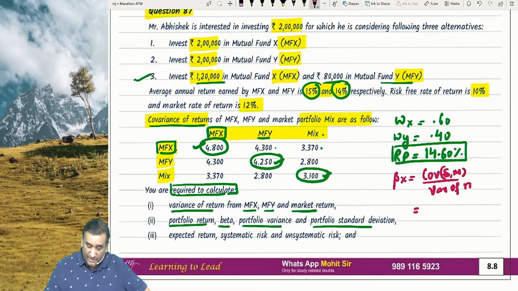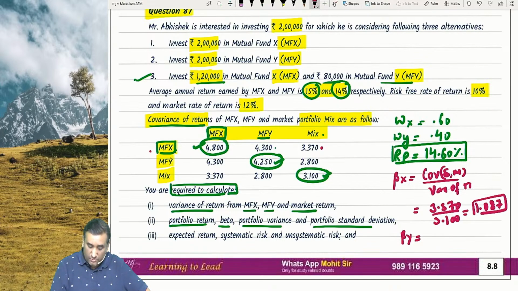For X, covariance of X and market is 3.370 divided by 3.1. How much do we get? 1.087.